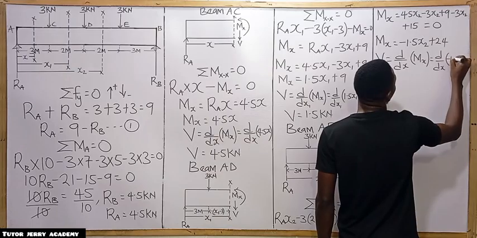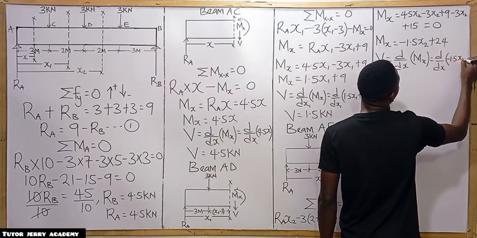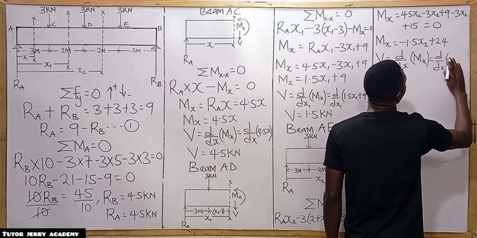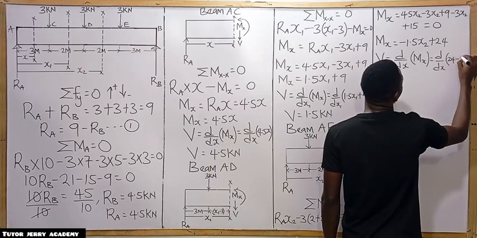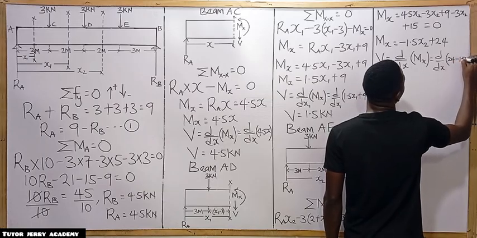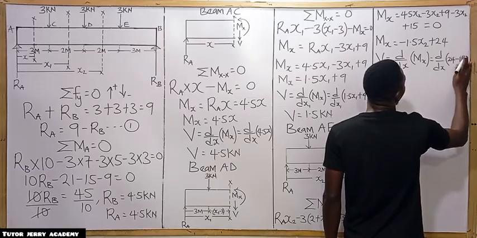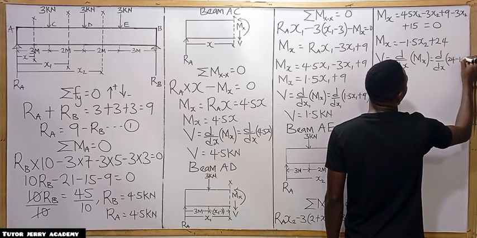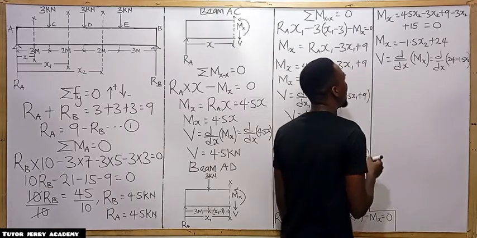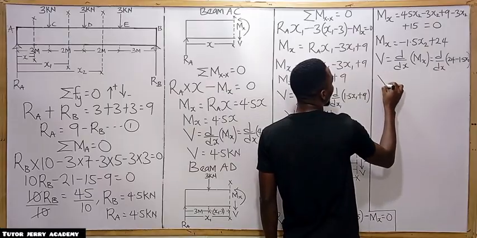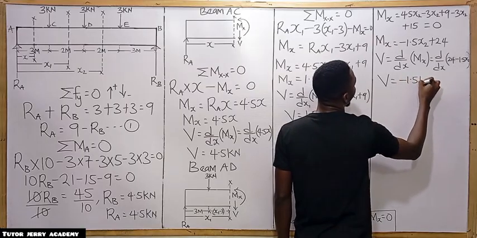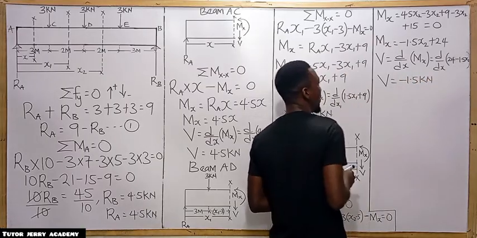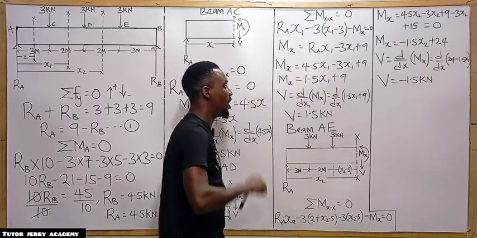So M_S is 24 minus 1.5 S2, and if you differentiate that, we are going to have minus 1.5 kilonewton. That will be our shear force.